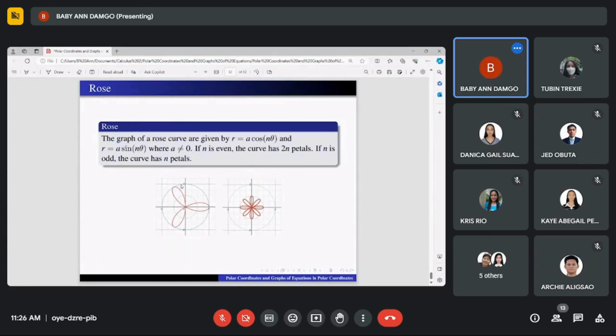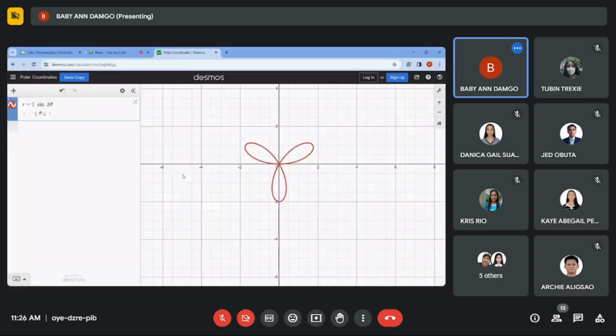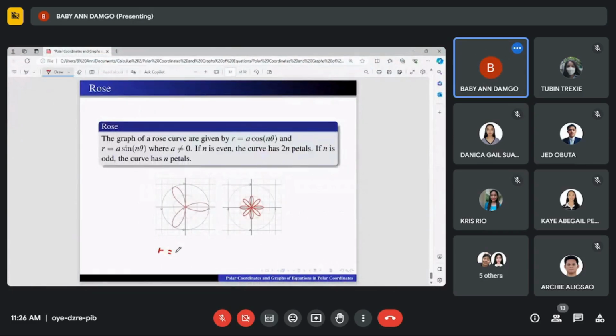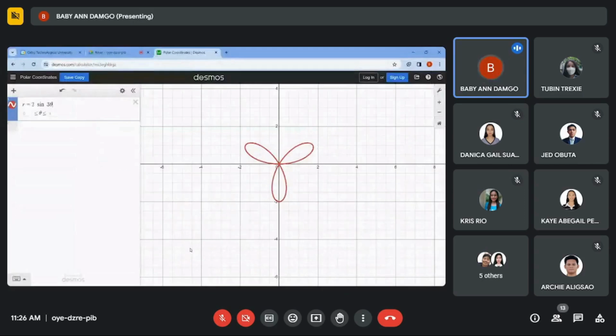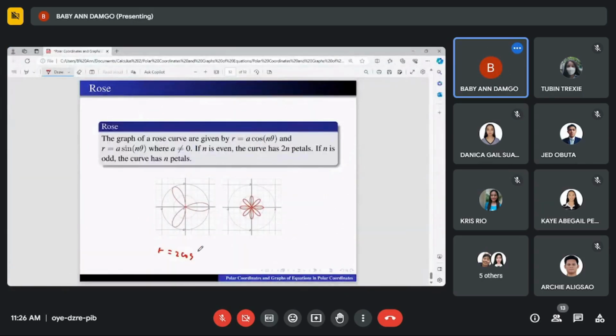So kani nga graph, this is r is equal to, this is 2. I think this is cosine 3 theta. Okay. So here we have 2. So from this here, from the pole to the tip of the petal, so we have 2 ang iyang distance.